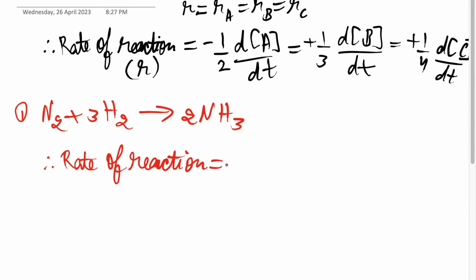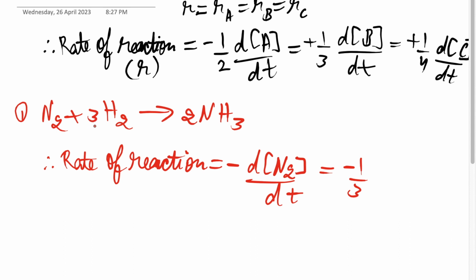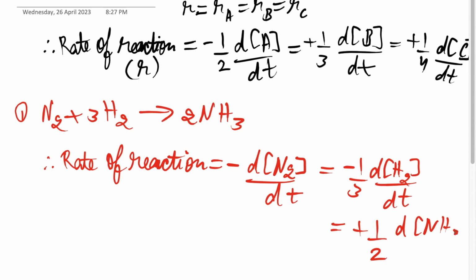The rate is given by minus d[N2] by dt, or it is also given by minus 1 by 3 d[H2] by dt. The minus sign is because the concentration of reactant is decreasing over time, and we have divided it by its stoichiometric coefficient. It is also given by plus 1 by 2 d[NH3] by dt.